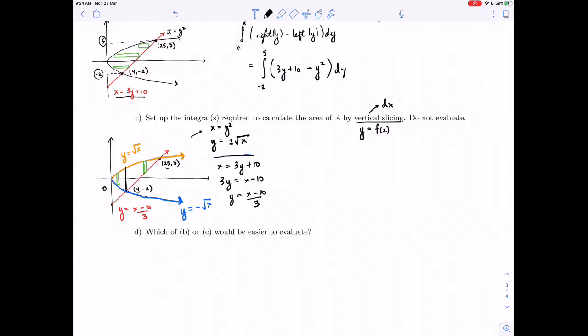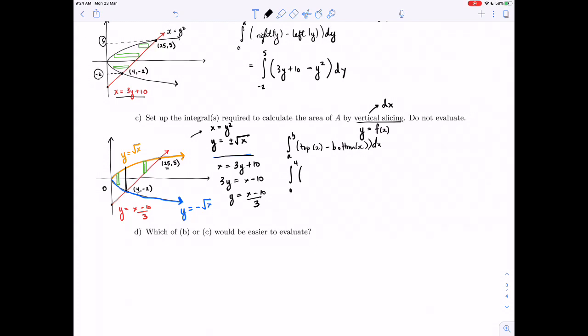So this time we're doing the integral from a to b of the top minus the bottom, because we're doing vertical slicing. So there's the general formula. We need to apply this twice, obviously, because we've got two integrals. So we're talking about the integral, the first one, from 0 to 4, we said.